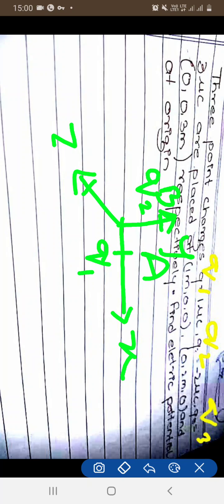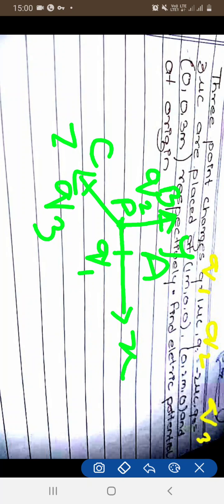I put here point C, and this one Q3, and here is the origin 0, 0, 0, and I put here point P at origin.